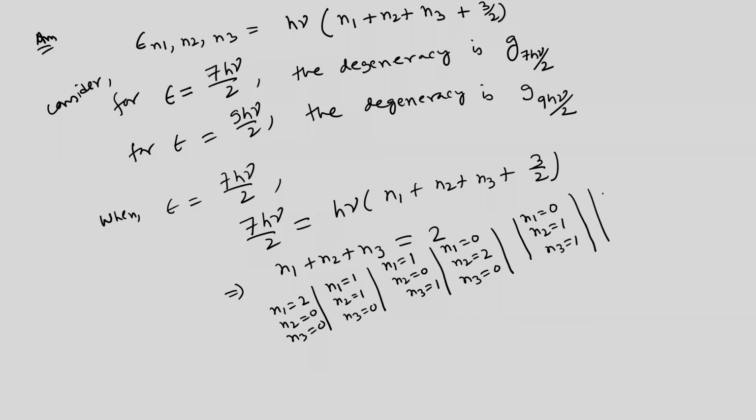And the last is n1 equals 0, n2 equals 0, n3 equals 2. So, 6 different possibilities are there. So, the degeneracy is 6. We have got the degeneracy of the energy level having energy 7 h nu by 2.